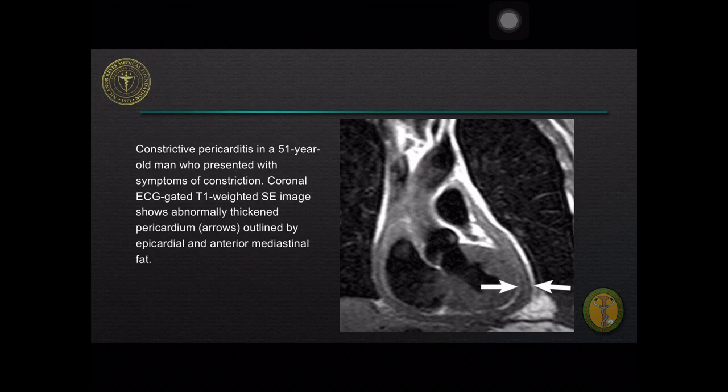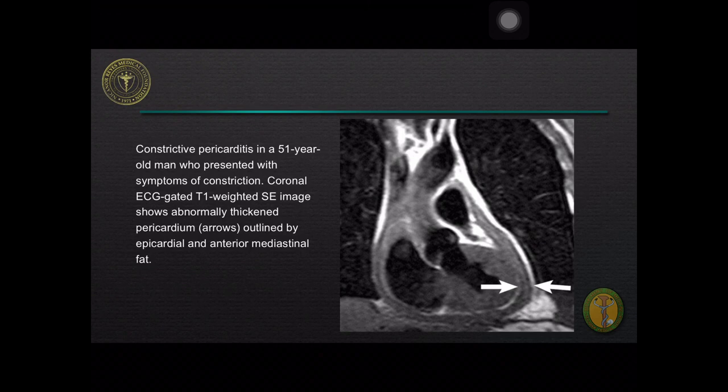Echocardiography cannot definitely establish or exclude the diagnosis of constrictive pericarditis. Cardiac CT scan and magnetic resonance imaging are more accurate. The latter is useful in evaluating myocardial involvement.